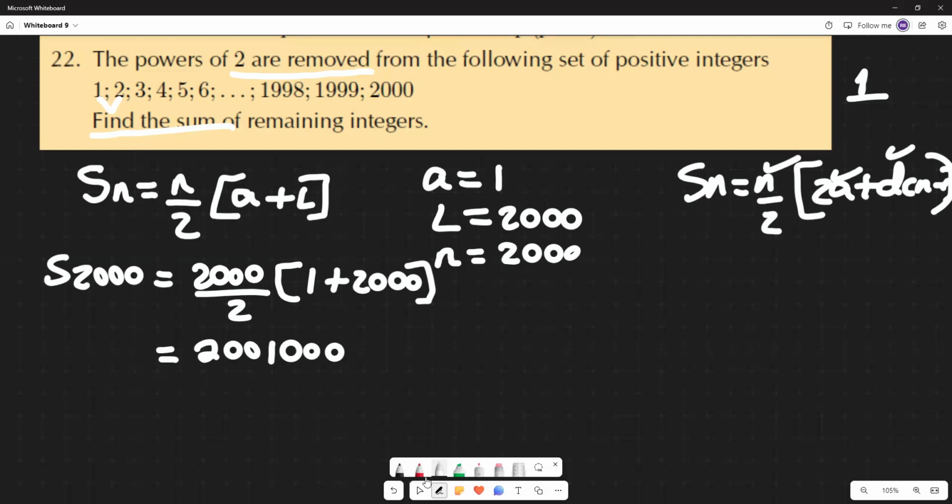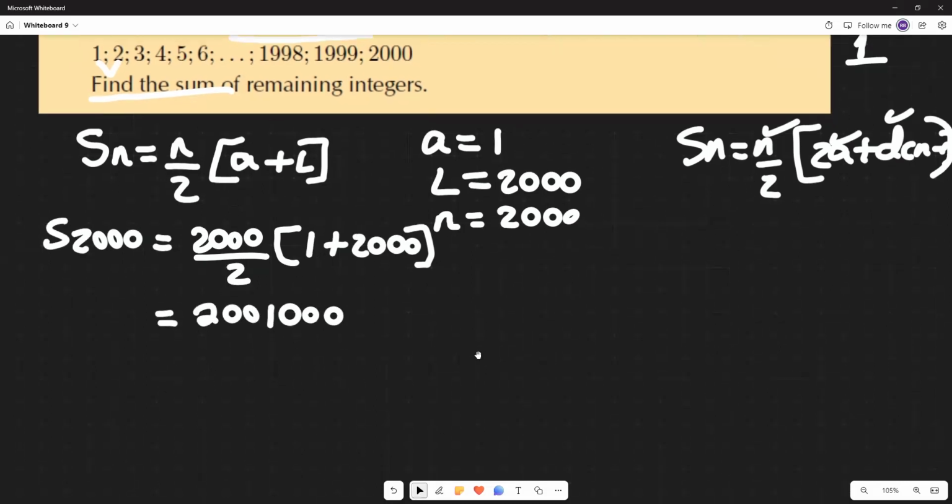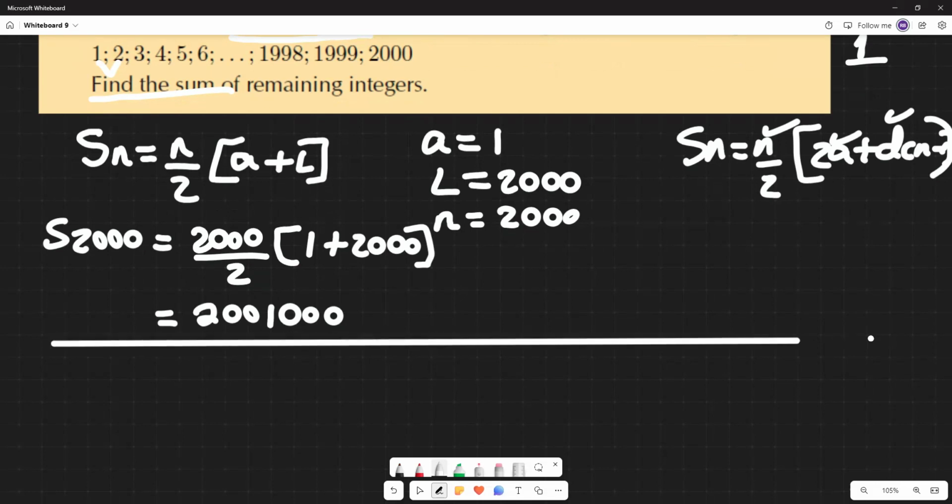Now let's remove the powers of 2 and see what the remaining sum will be. So guys, let's agree. You have 1, 2, 3, 4, and so on up until 2000, right? The first power of 2 is 1.